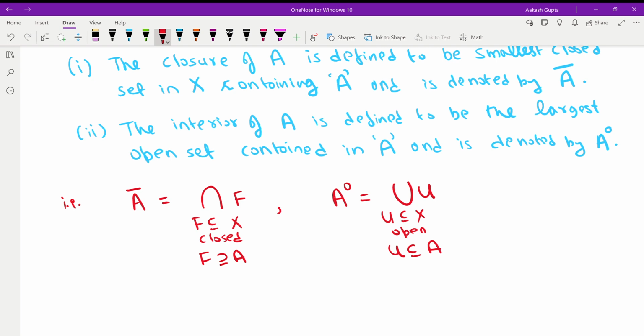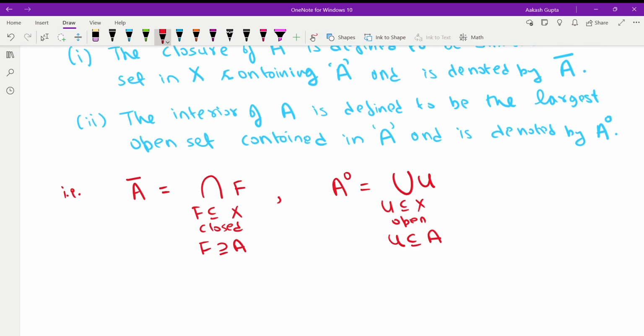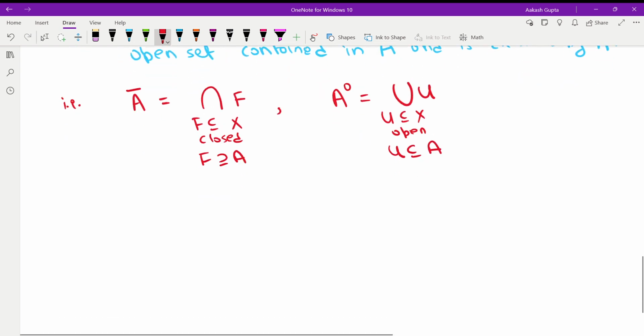These are very trivial properties, so don't worry about it much. But like I said earlier, trivial doesn't mean it will not be applicable anywhere. It can be applicable to something very non-trivial. So a few properties.